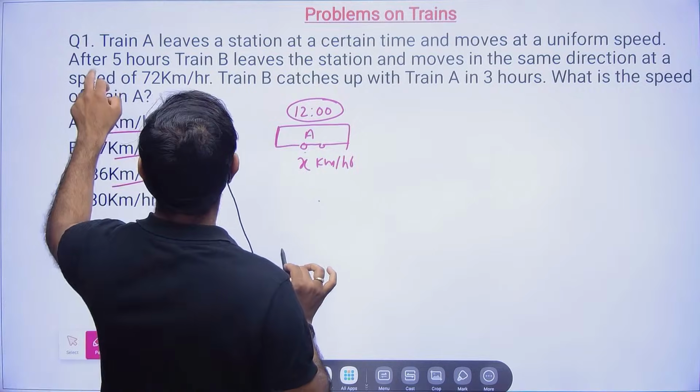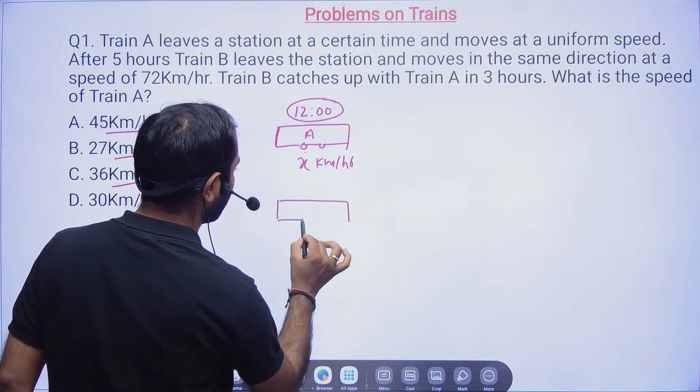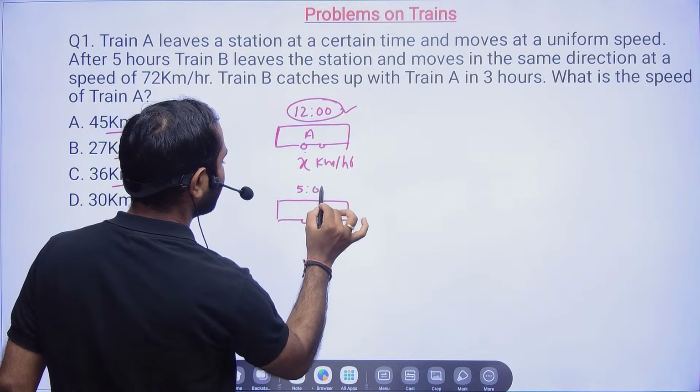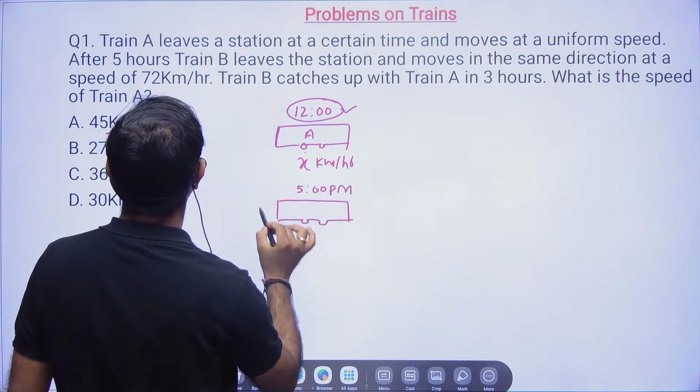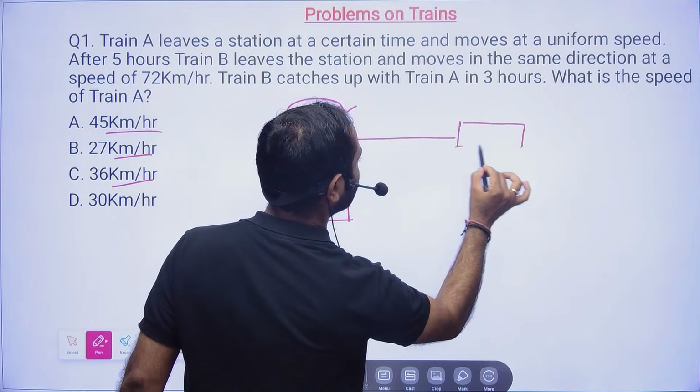Now, after 5 hours, another train is there. After 5 hours means, sir, 5 p.m. So suppose train A has reached till here.